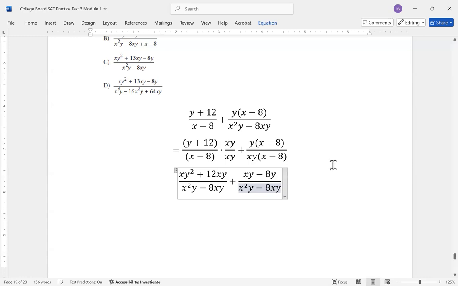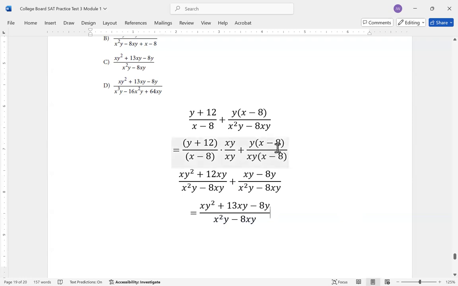So notice I have the same denominators on each of these fractions. So I can just add the numerators. Xy squared is its own term, but I can combine 12xy with 1xy and get 13xy. The minus 8y is its own term. And then the denominator is that common denominator of x squared y minus 8xy.